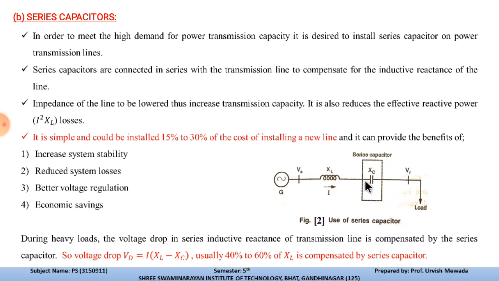So we need to compensate that power. In this case, we are using a capacitor as a compensator, and we have connected this capacitor in series with the transmission line.